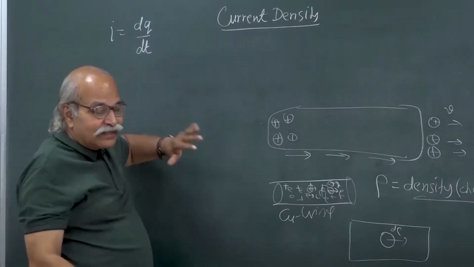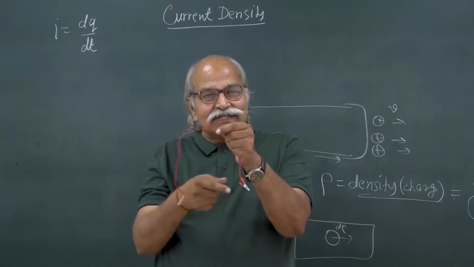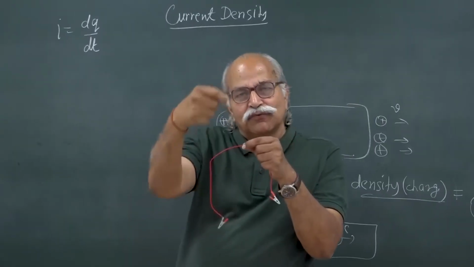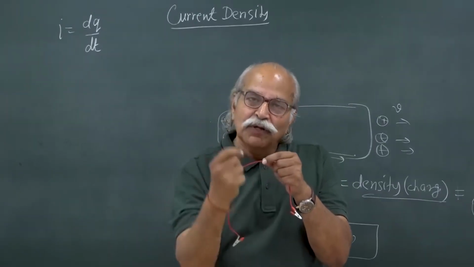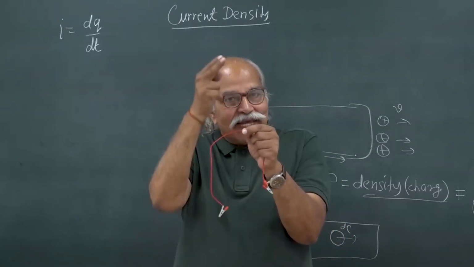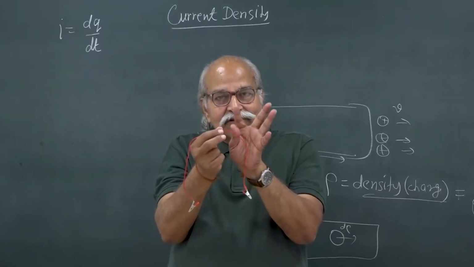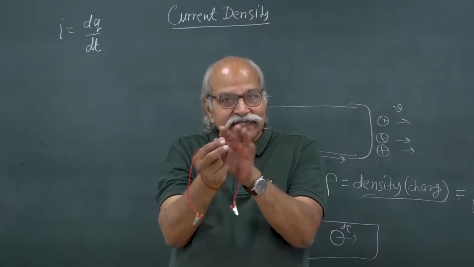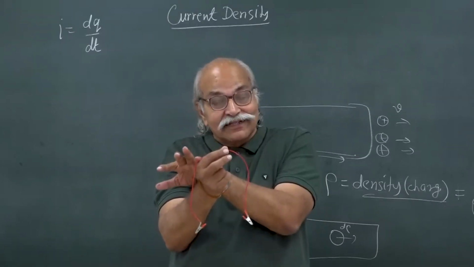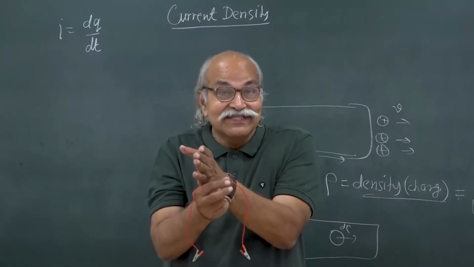So if you have a wire, then in this wire you take any cross section, and it need not be the full cross section, you can take a small part of the cross section also. Construct or imagine that cross section and then ask how much charge has gone from this side of that area to the other side. How much charge has crossed this area that you have imagined?